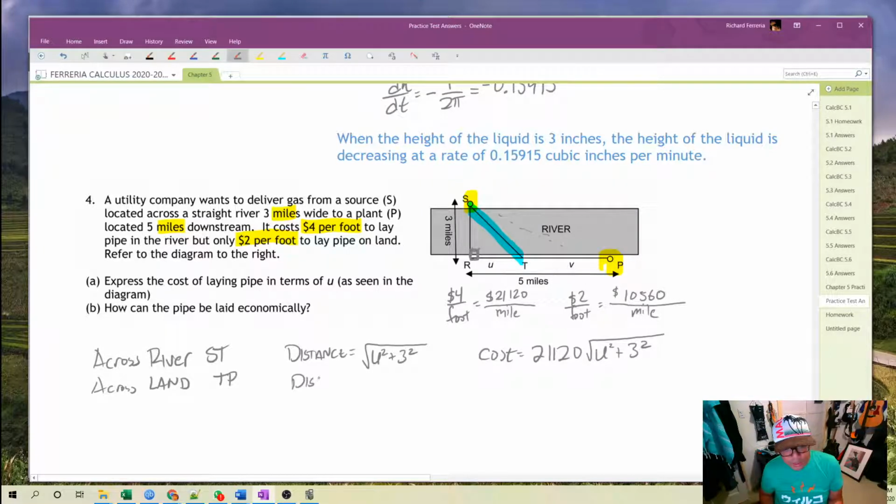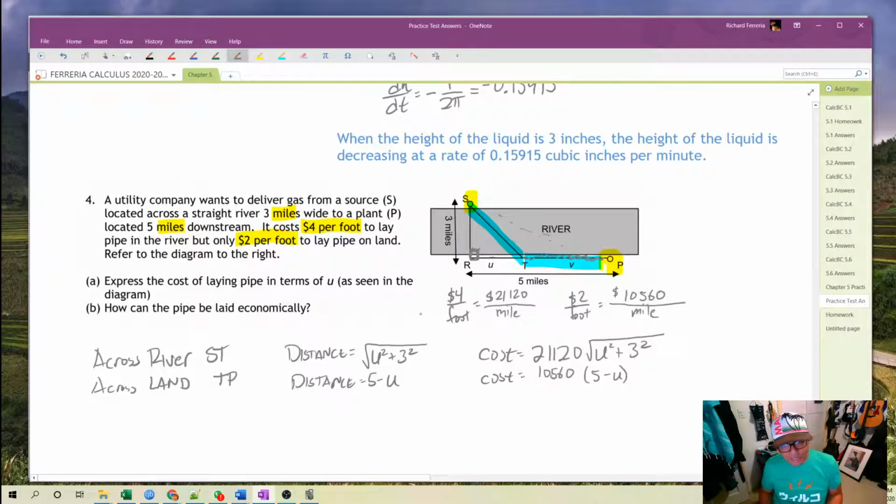The distance, well, if we go u miles across over here, this distance right over here, I should do that in blue. This distance right here is just going to be 5 minus this u part. So my cost is just $10,560 per mile multiplied by 5 minus u miles.